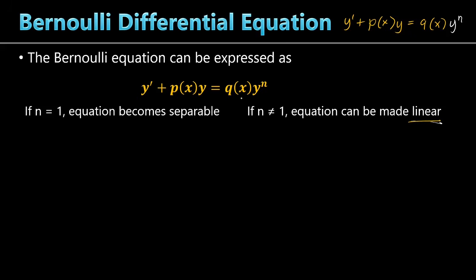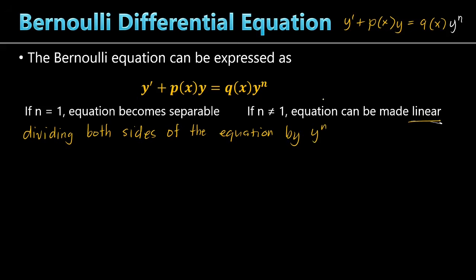So now, dividing both sides of the equation by y raised to n, here we will get y raised to negative n times y prime plus p of x, and then here, if I divide y by y raised to n, I will get y raised to 1 minus n equals q of x.